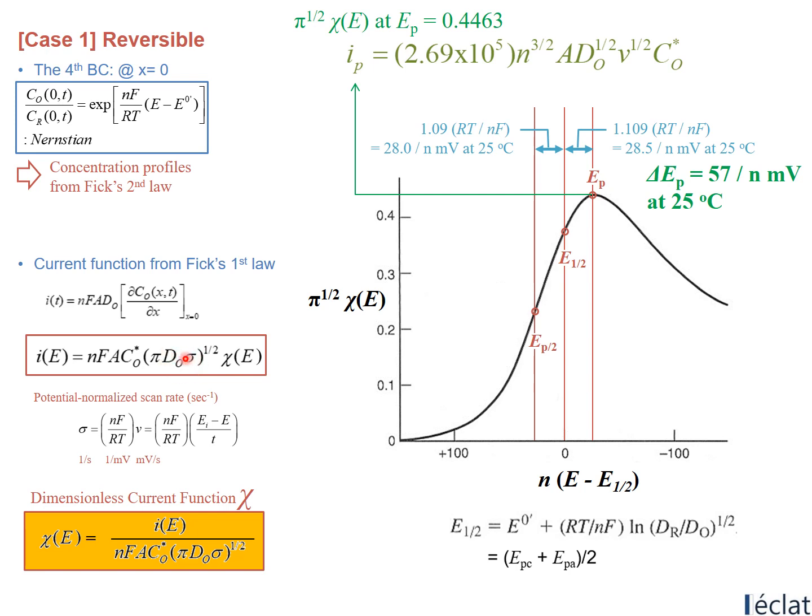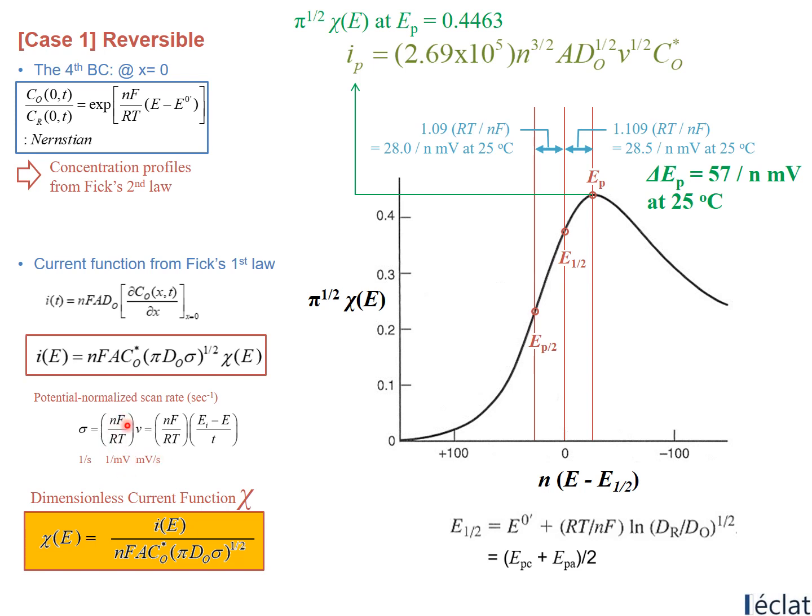And the other thing is sigma. Sigma is a kind of scan rate. Here is the definition. Sigma is proportional to the scan rate, and this scan rate is normalized by RT per nF. So let me check the unit. The unit of scan rate is millivolt per second, and RT per nF is millivolt.